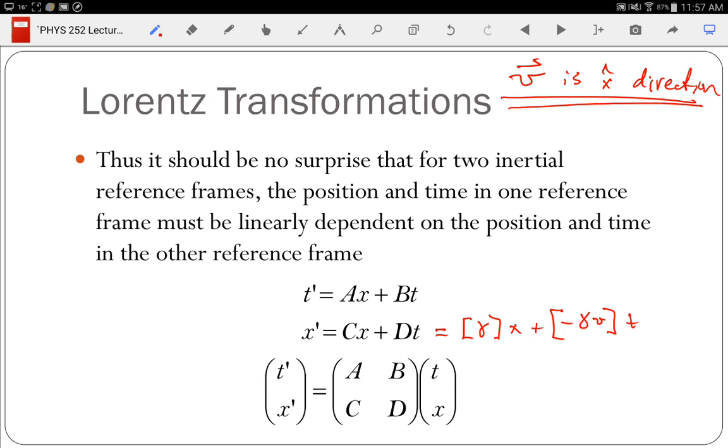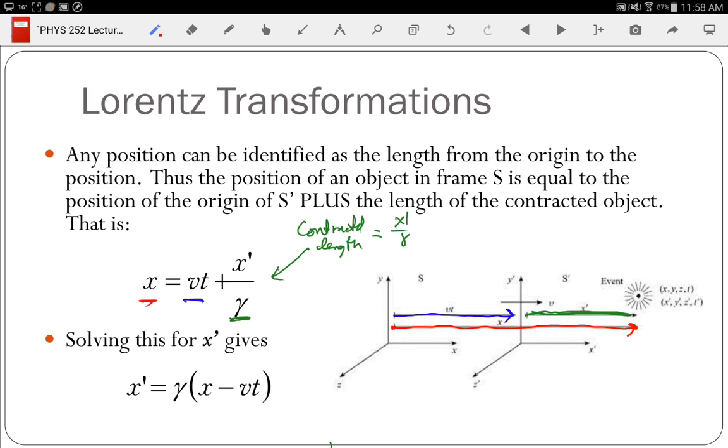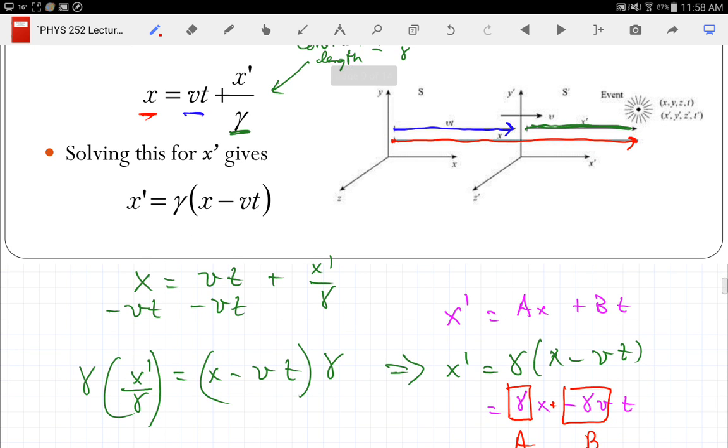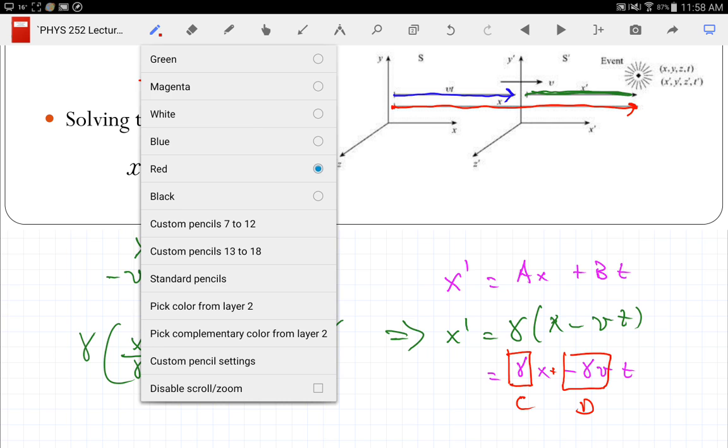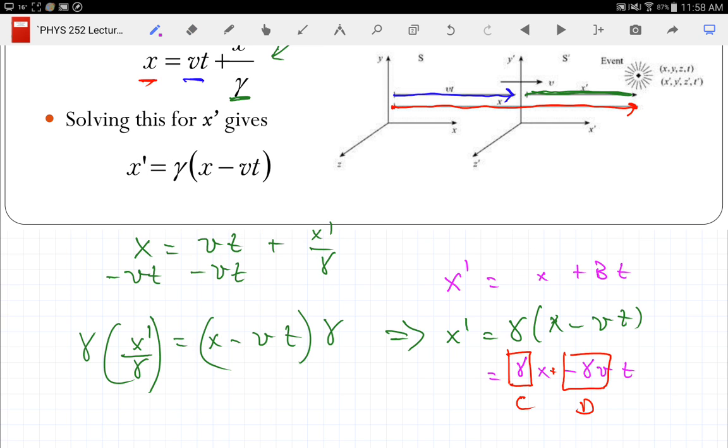There's what we just found. I need to go back and change from A and B to C and D to get these symbols matching. So there's half of the elements for the matrix.